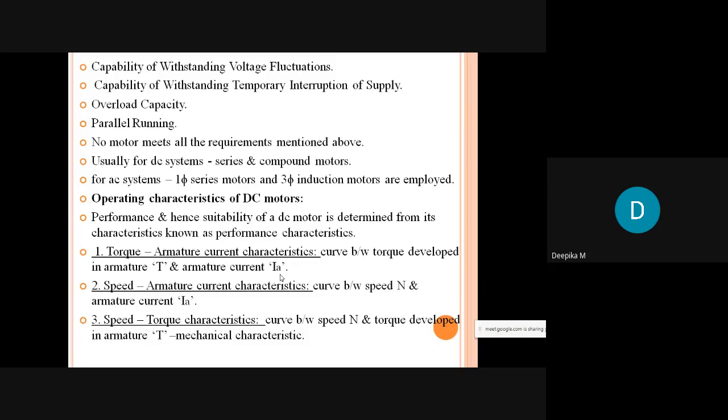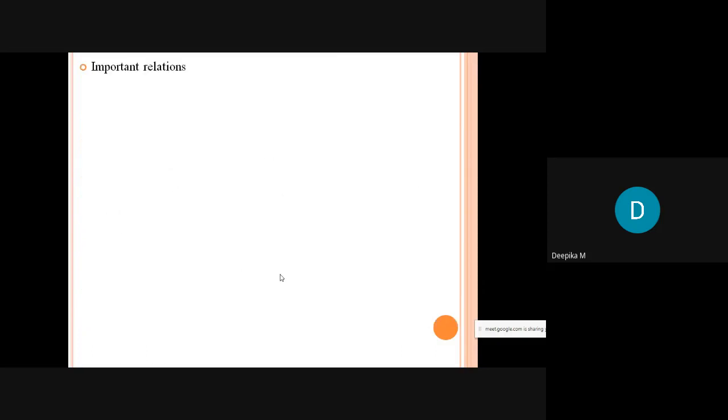It is also called the mechanical characteristic because these two are mechanical parameters. These are the three operating characteristics of the DC motor, and they are very, very important. By these characteristics we judge which type of motor is suitable.